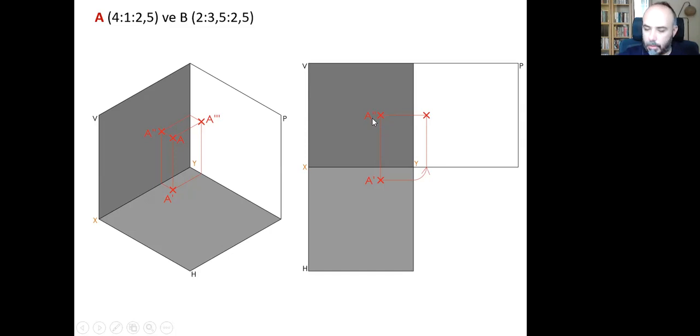And in the third step, I need to change my position. Now I'm on the left side of the system, standing here looking at the system in this direction right in front of me. I am seeing the profile projection plane. I cannot recognize the vertical projection plane.